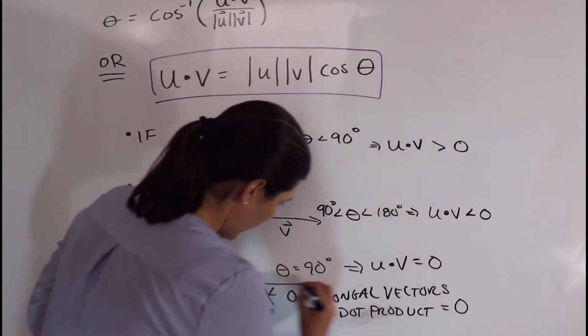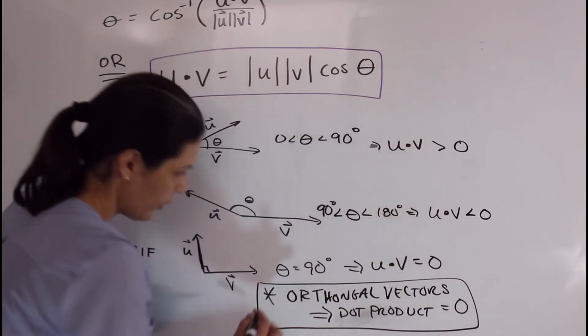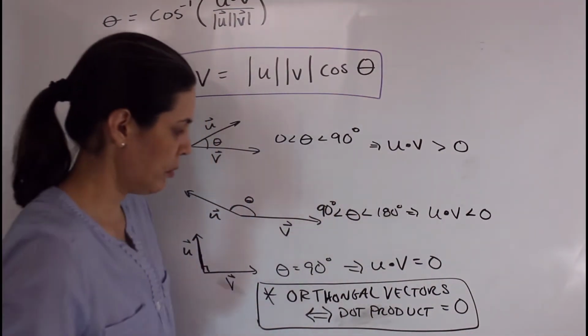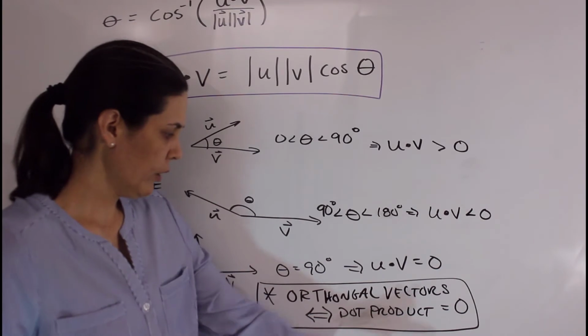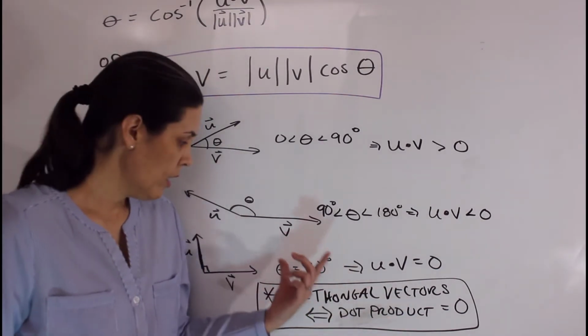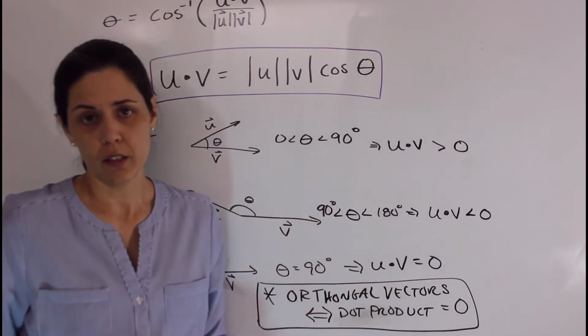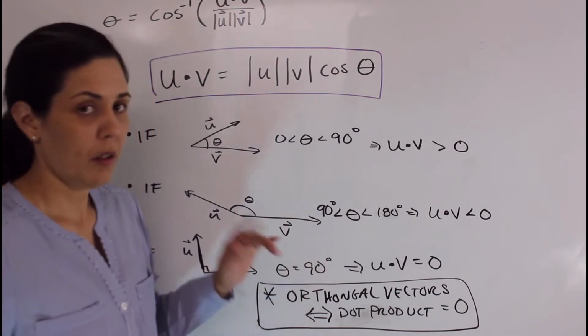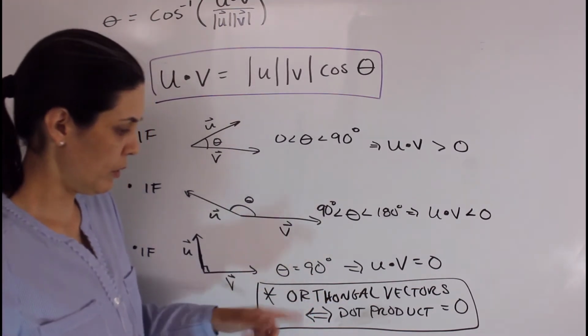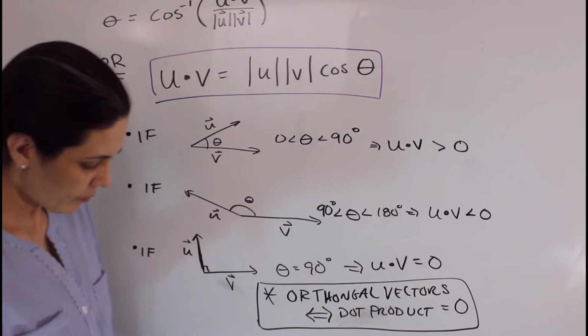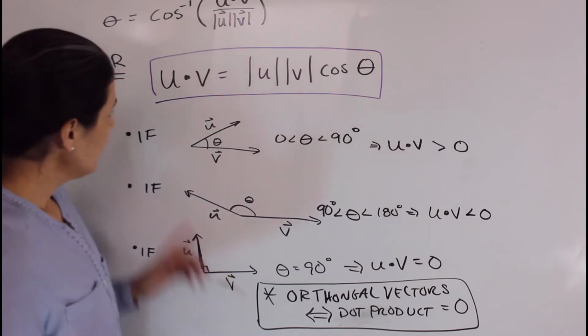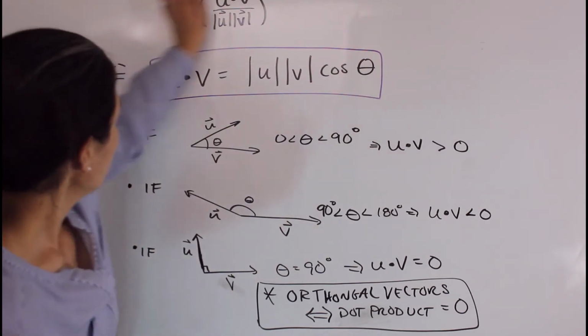All right, this is our fact. So again, you can go back and forth. I'll put it like this, double-sided arrow: dot product 0, vectors are orthogonal. Orthogonal vectors, dot product is 0. And remember, one more time, perpendicular, 90 degrees between them. That's orthogonal. Two more facts for you.